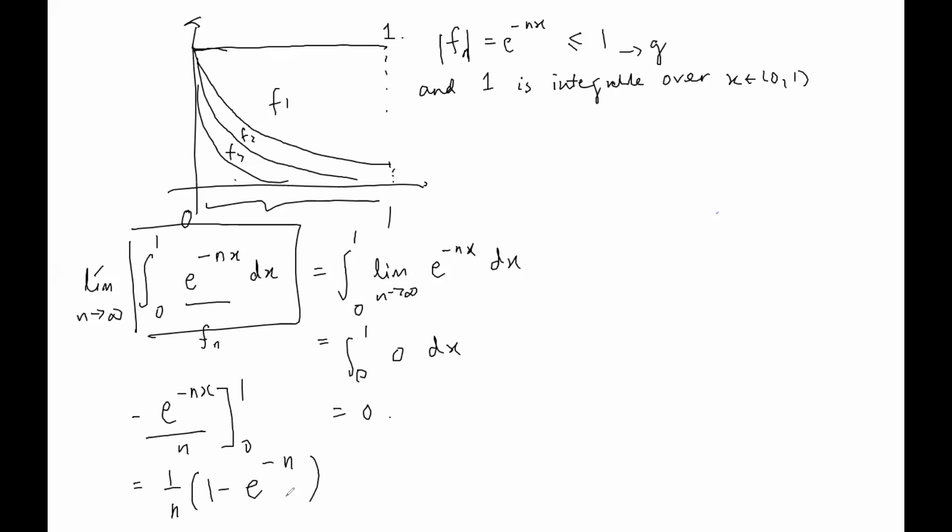All right. So if you take the limit, this will become 0, right? Because in the limit, this will be 0, and the denominator will be very large. So this will tend to 0. Okay. This is just an example to show this domination.